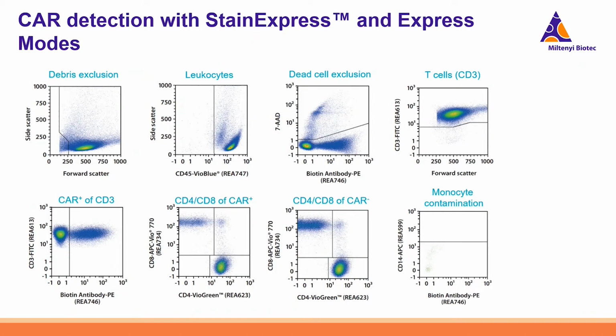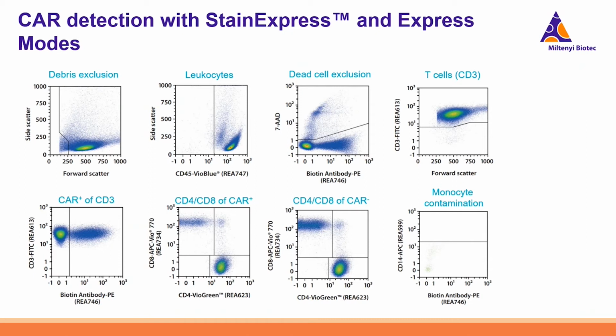And this is an example data set. So this is cells stained with our CAR detection reagents and StainExpress, and gated and analyzed with our Express modes. What it does in this panel is it excludes the debris, gates on the leukocytes, excludes then the dead cells, gates on the T cells, and then checks for CAR frequency, and then still checks how many of the T cells that have the CAR are CD4 or CD8 positive, and also looks at that ratio for the CAR negative cells.